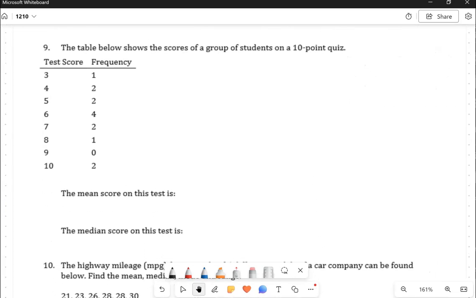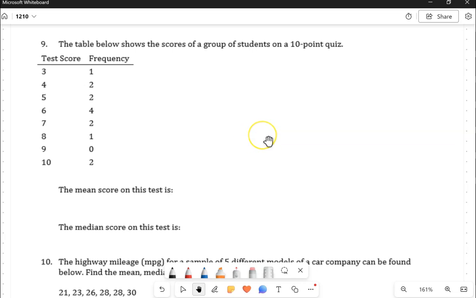The table below shows the scores of a group of students on a 10-point quiz. Now this is a frequency table. One thing that is useful for you to be able to do is to go from a frequency table to a long list. For example, the test score 3 shows up once.